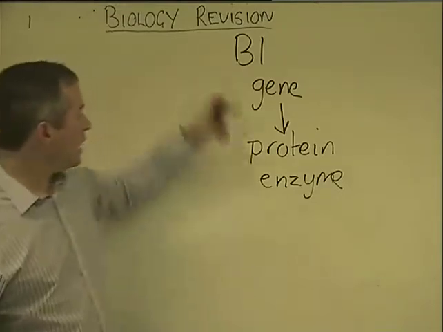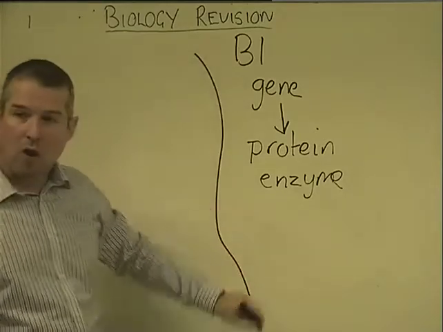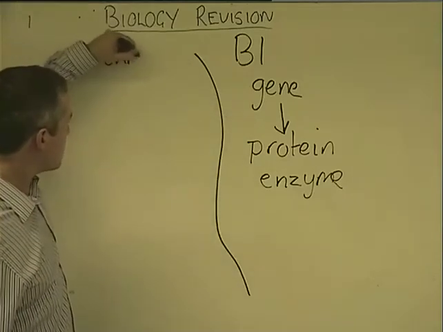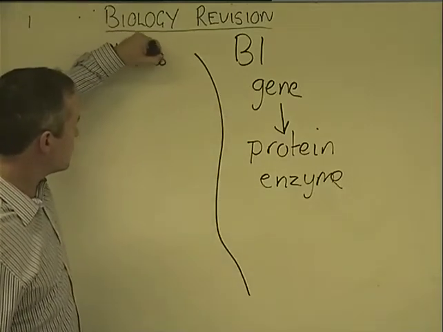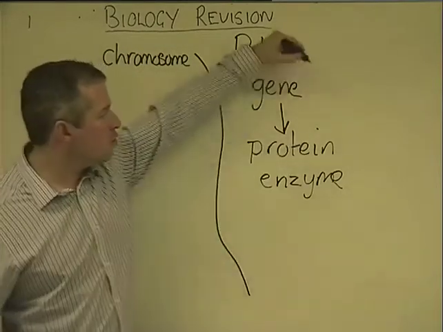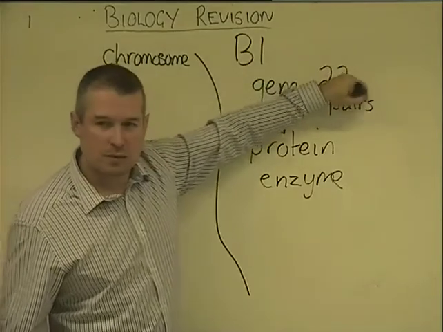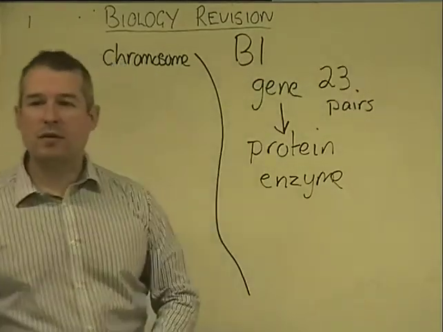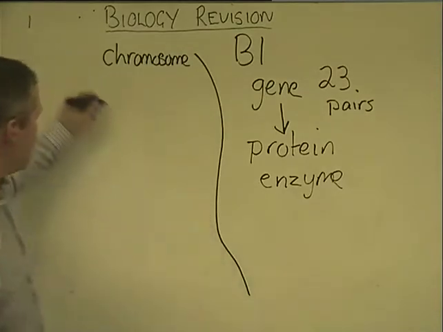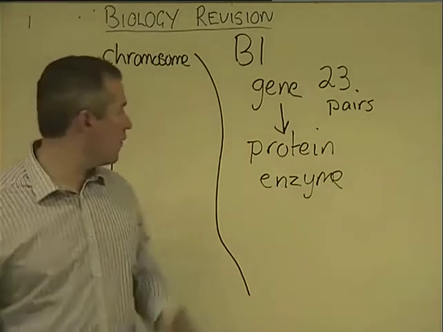Okay, now as I said, a gene is made up of a section of DNA. Now the whole strand is called a chromosome. And in the human cell, you find 23 pairs of chromosomes. Now the reason they're found in pairs is because you inherit one chromosome from your mother, and you inherit one chromosome from your father.